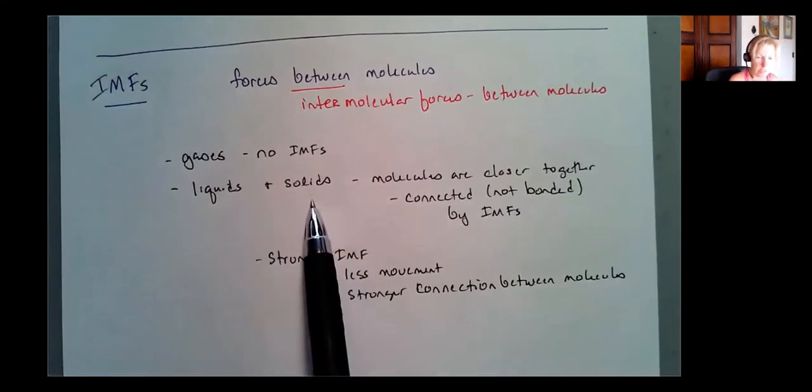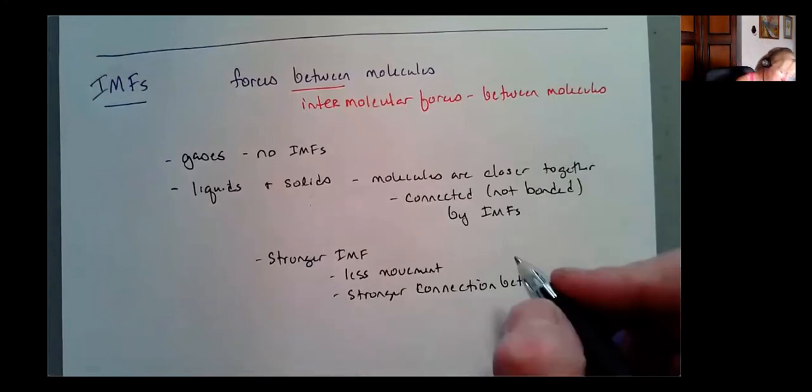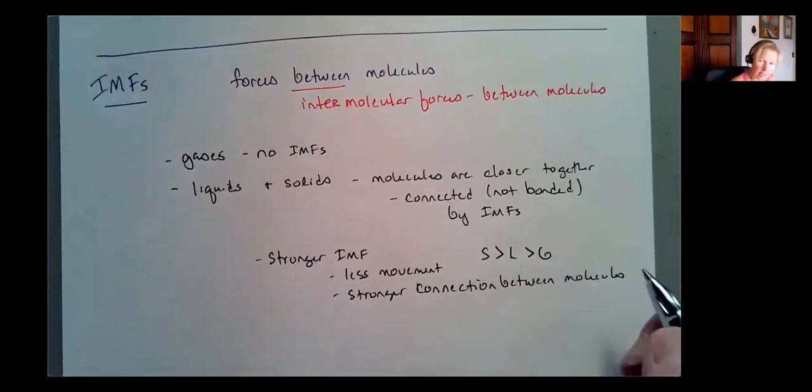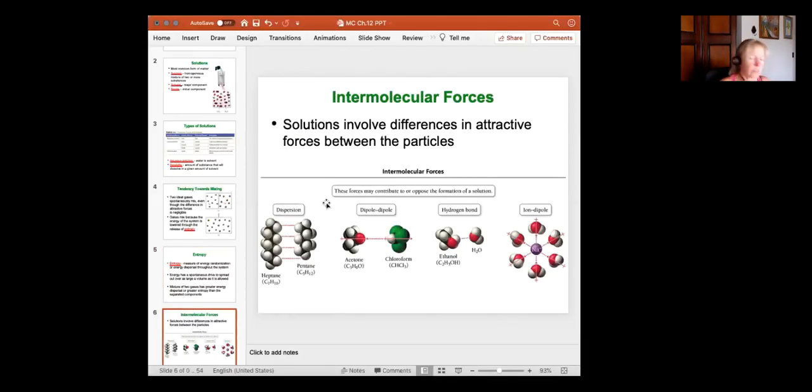That's what makes them solids, right? You're constricting the movement. So a solid is greater than a liquid, which is much greater than a gas, because a gas has no intermolecular forces to begin with. And just to review what those intermolecular forces are, like I said, this is from chapter 11. So if you're a little rusty on it, you might want to go back and look again at these types of intermolecular forces.